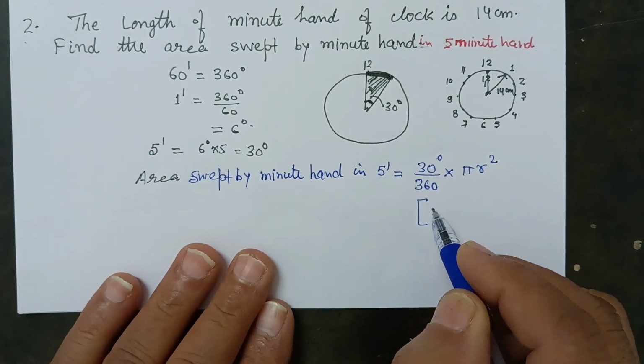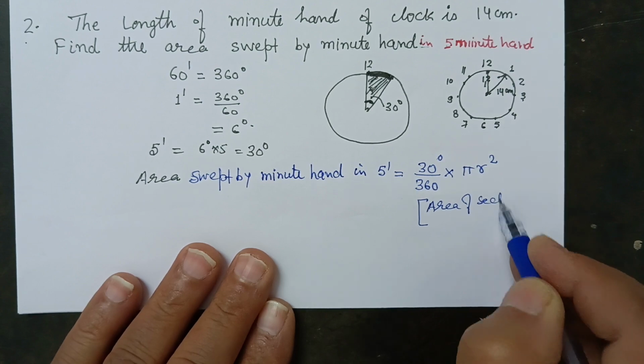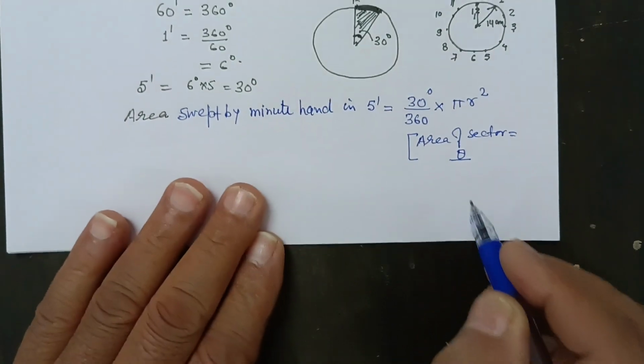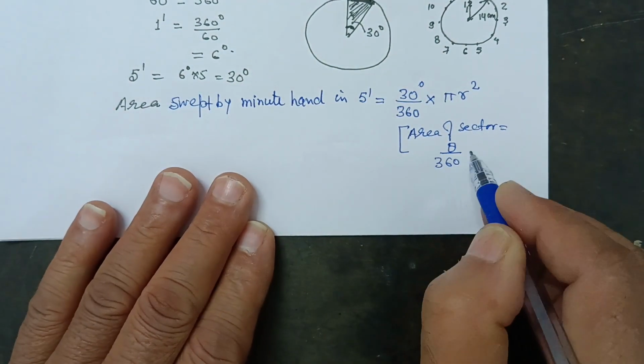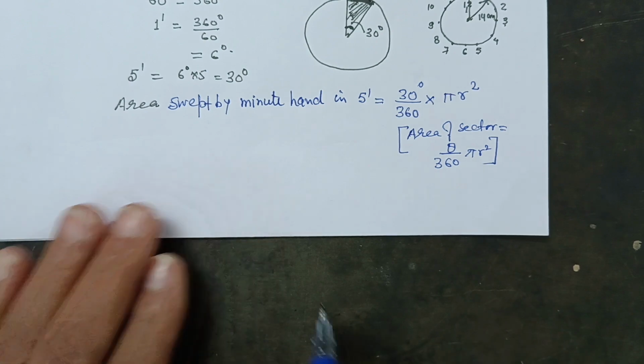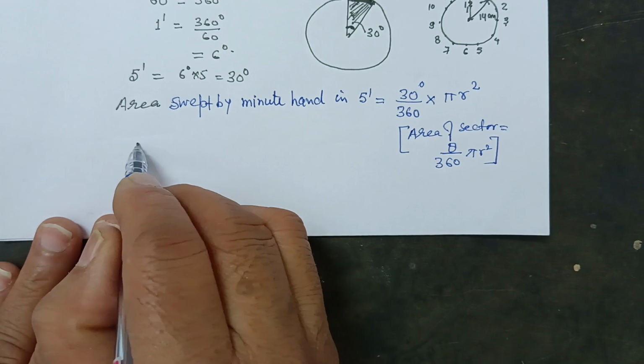Because the formula for the area of sector is theta upon 360 pi r square. Using this formula, we have to substitute the value.